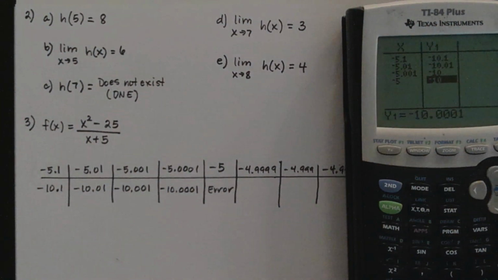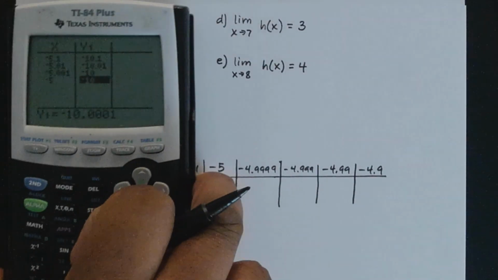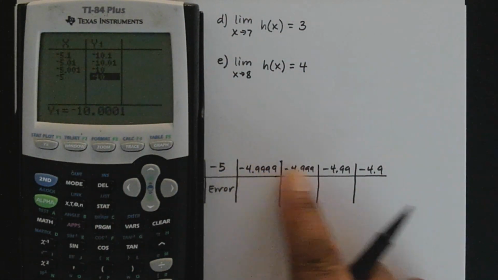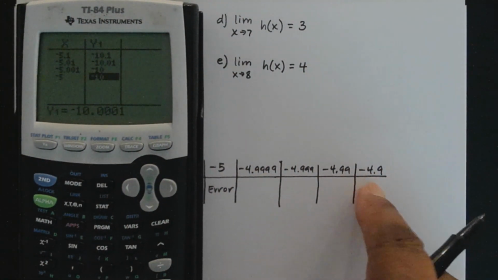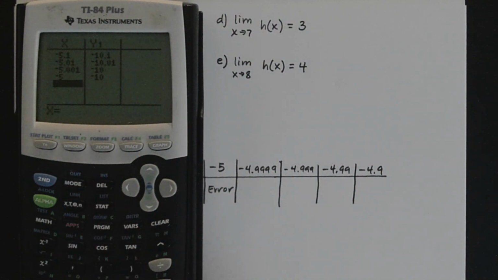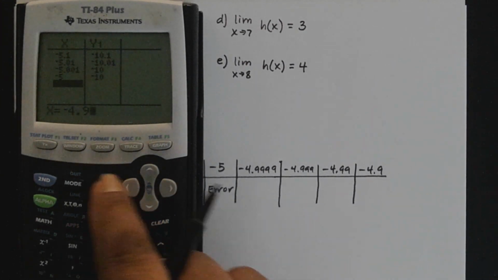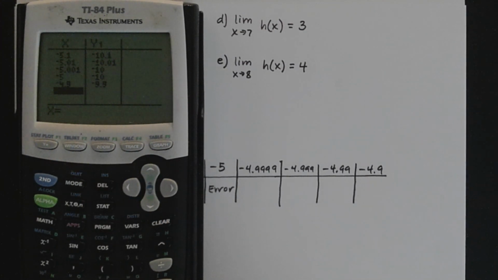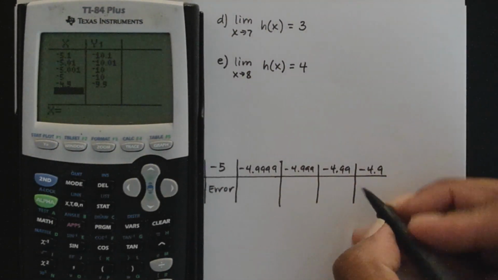Okay. Now, we'll look at these numbers. And I'm going to start with negative 4.9. So right arrow and then the left arrow, negative 4.9. Oops. Negative 4.9. That's going to be negative 9.9.